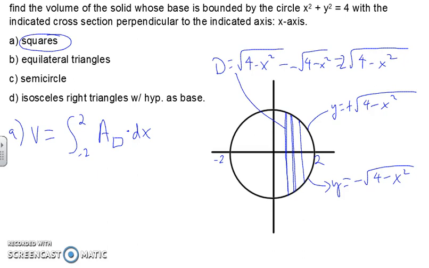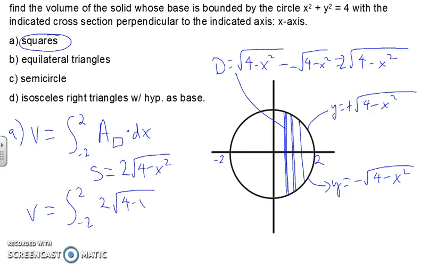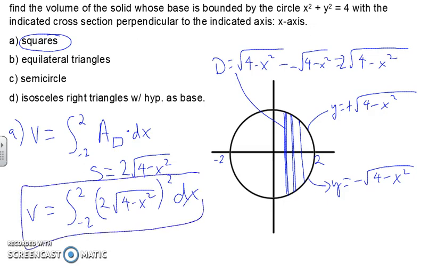Well, since s squared is the area of a square, and every one of these lengths represents s, I know that the volume will simply equal the integral from -2 to +2 of 2 square root of 4 minus x squared dx. And that's how you get the volume formed by squares.